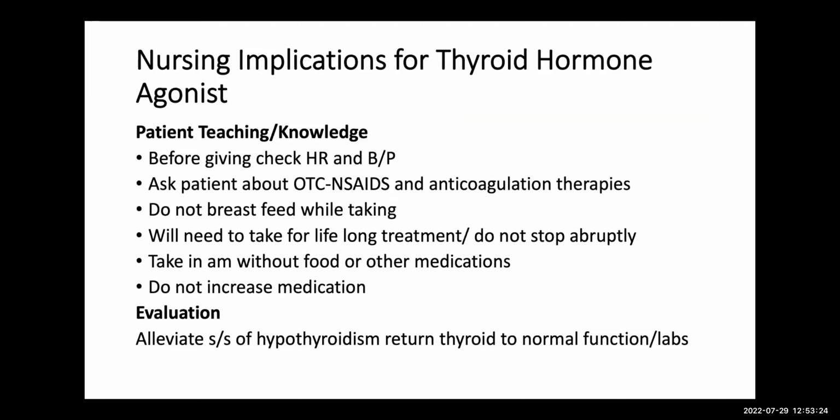Remember what I said this medicine does? It takes your bradycardia and it changes it to hopefully normal pulse. But if you get too much of this medicine, what do you think it could do?